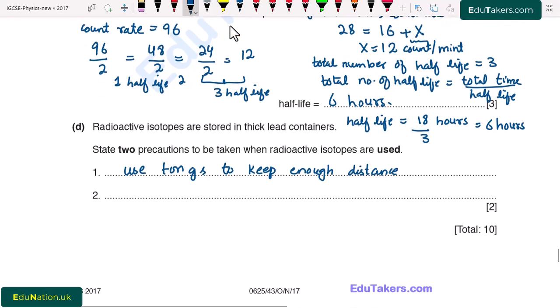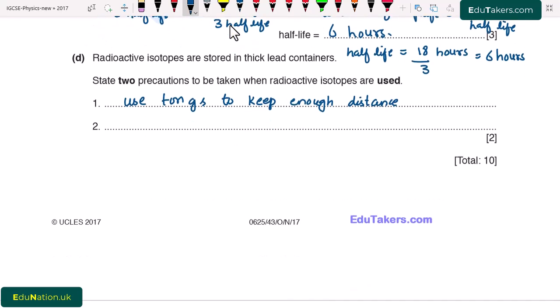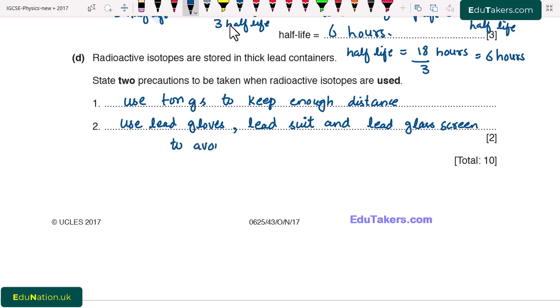And the second precaution is to use lead gloves, lead suits and lead glass screen to avoid absorption.